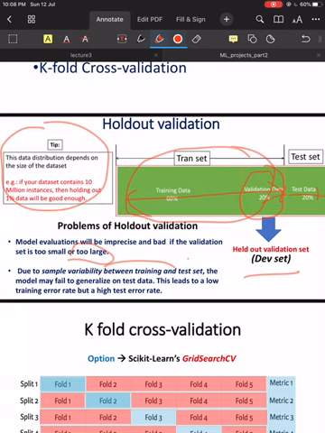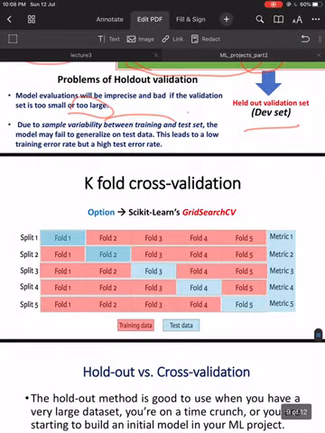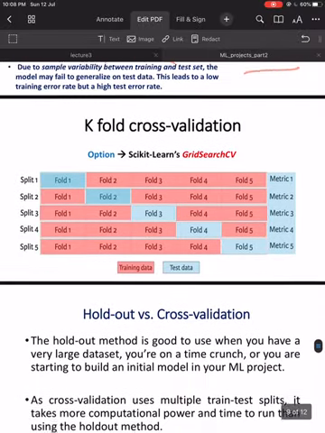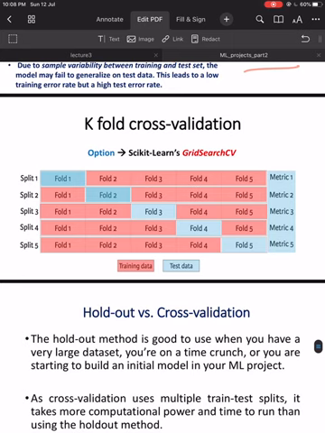So what is the way out? One way to solve this problem is to use the cross validation method. The main concept behind cross validation is that we use many small validation sets.